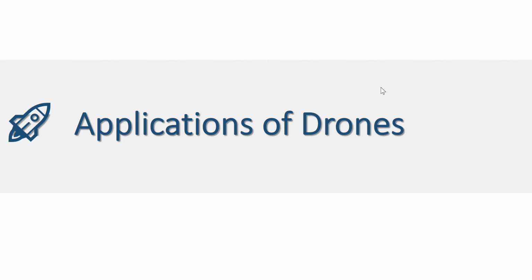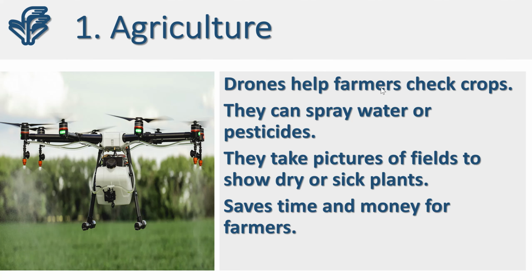Applications of drones. Drones are supposed to be applicable in the agriculture sector. Drones help farmers check crops in real-time monitoring, during the rain, during the sunrise, during bad situations and good situations.